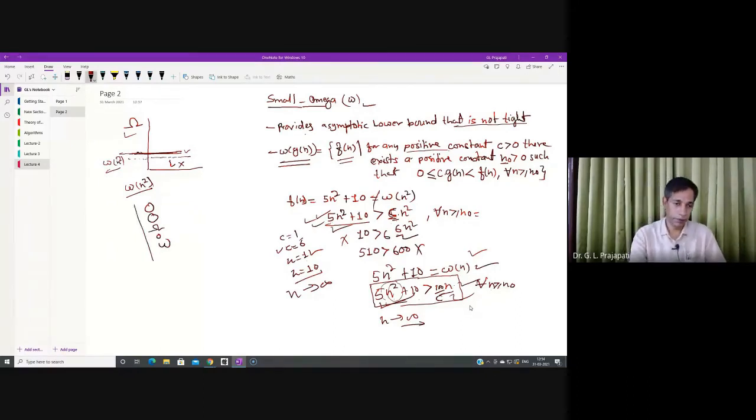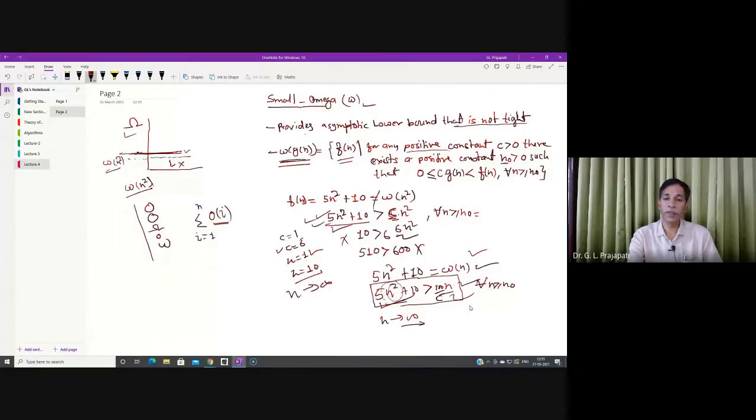And okay, so if somebody tells you i equal to 1 to n, and here you have the i. See, every time you write an asymptotic notation, actually you are denoting an anonymous function, and you know that this is not a particular function.